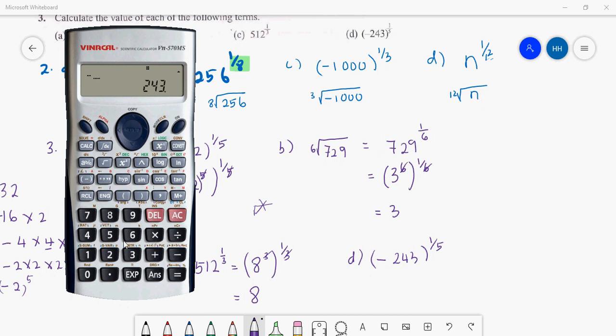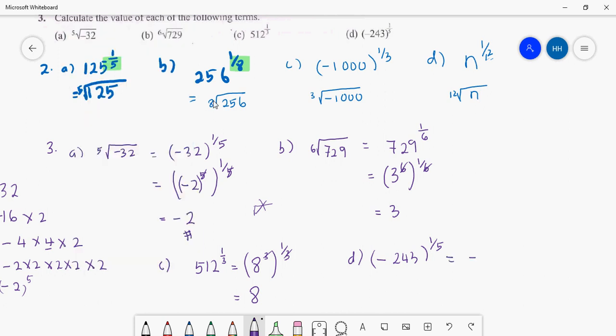So if you write negative 3 to the power of 5, it equals negative 243. So you write it as negative 3 to the power of 5 and then to the power of 1 over 5. You eliminate this, 5 times 1 over 5 is 1. So the answer for this question is negative 3.